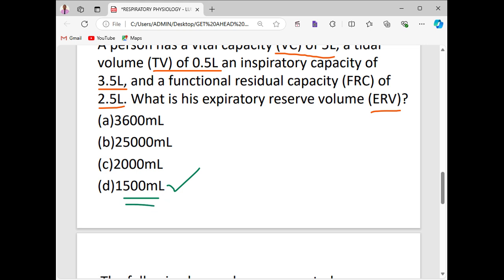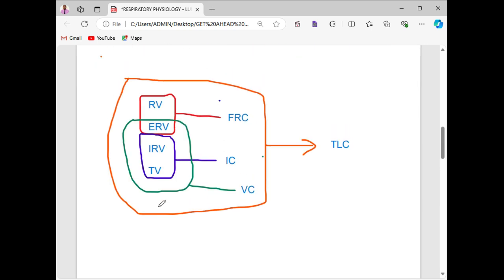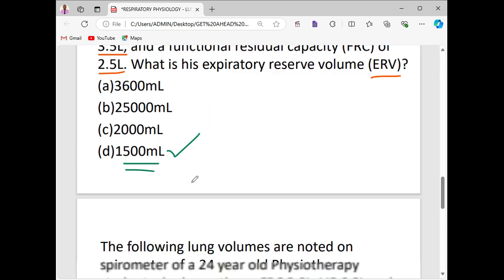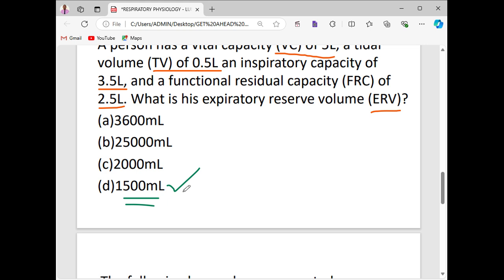Take note that the standard ERV we talked about here, we said it is 1.2. Here we have 1.5.